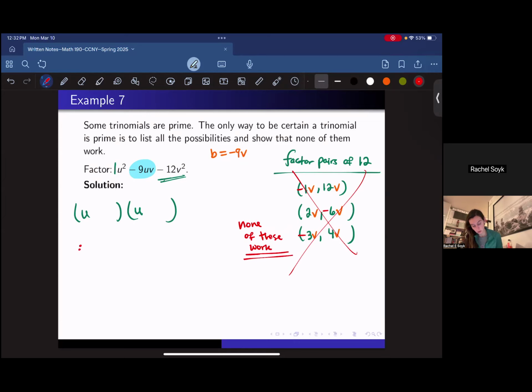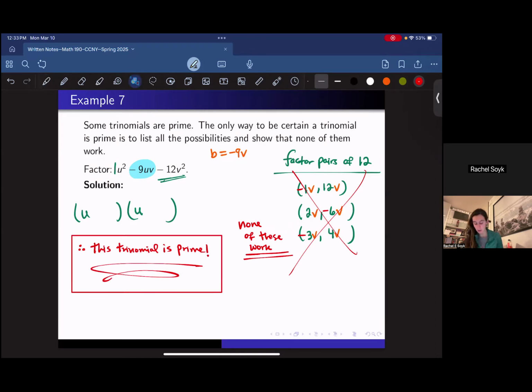Therefore, this trinomial is prime. And we're done. Now, later on throughout the course, we're going to learn about the quadratic formula, and we would actually know how to solve for our roots or x-intercepts when we're dealing with quadratic functions like this.